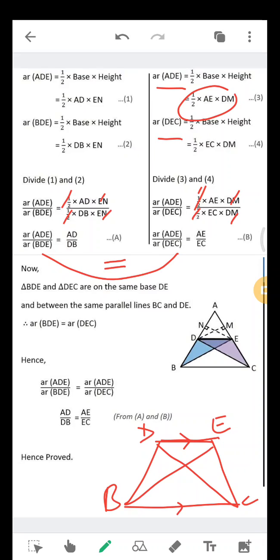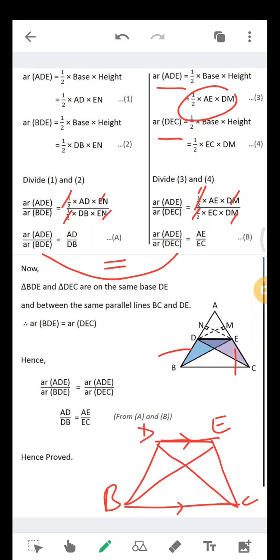Triangles BDE and DEC are on the same base and between the same parallel lines DE and BC. So we can say area of BDE is equal to area of DEC by theorem. The blue colored and the purple colored triangles are equal in area by theorem.